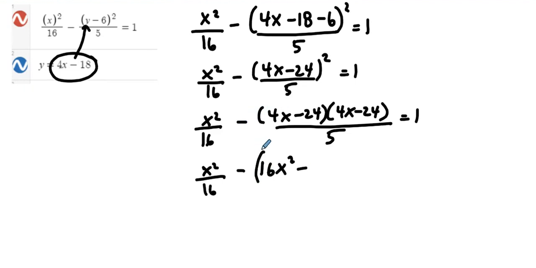You're subtracting, so remember to do that. Negative 24 times 4 is negative 96 twice. So that's negative 192, and 24 squared is 576.